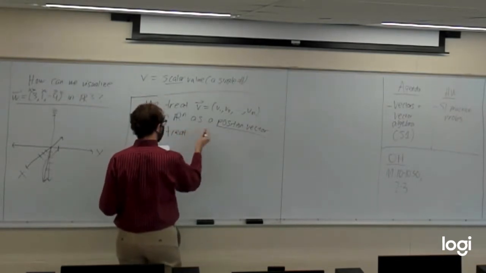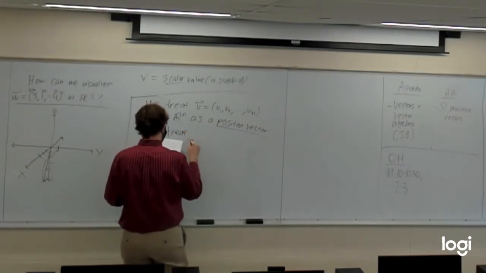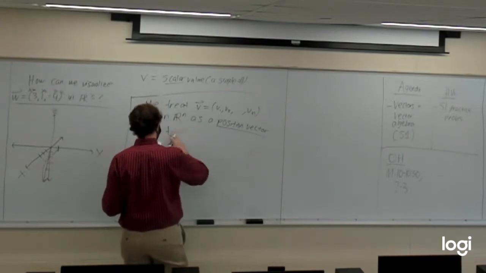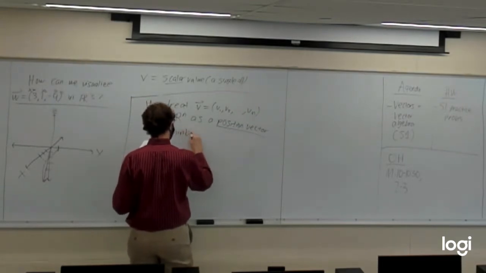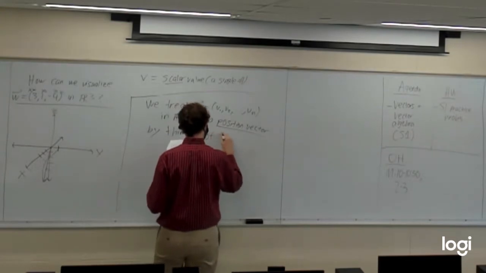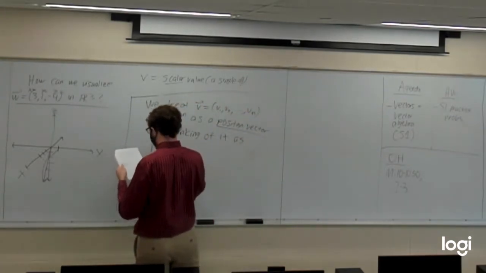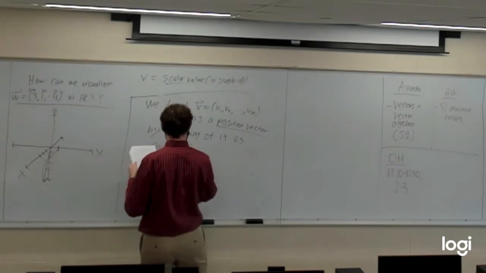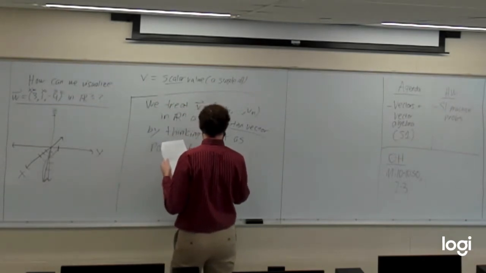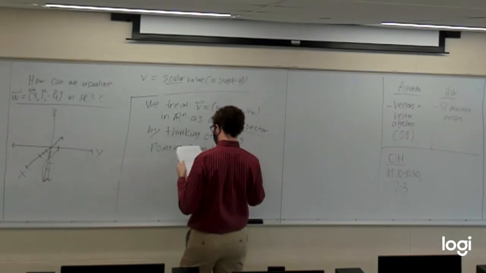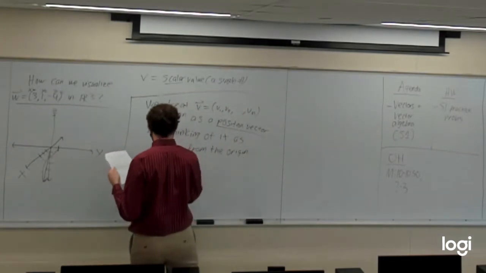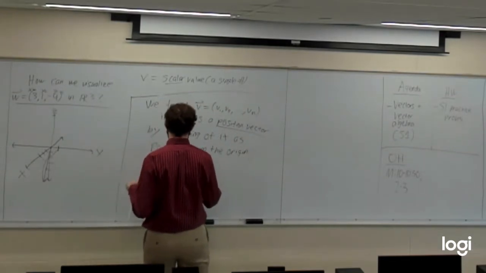We're going to treat it as a position vector by thinking of it as pointing from the origin to the corresponding point in space.